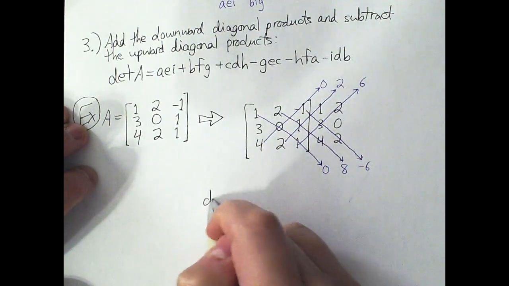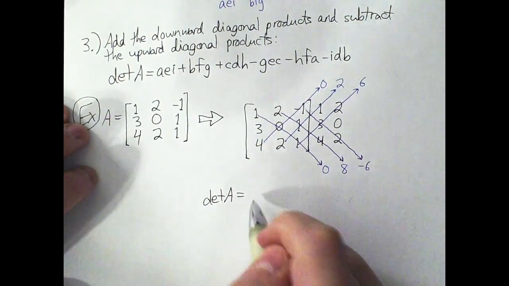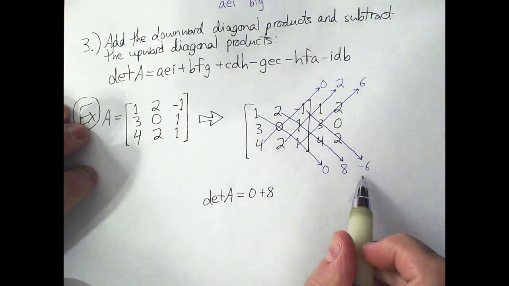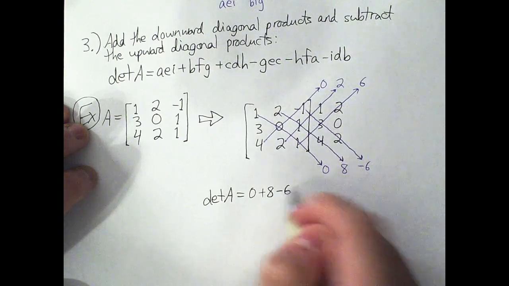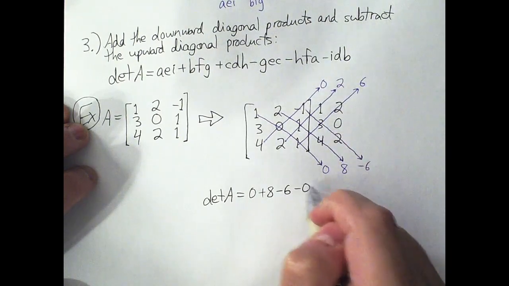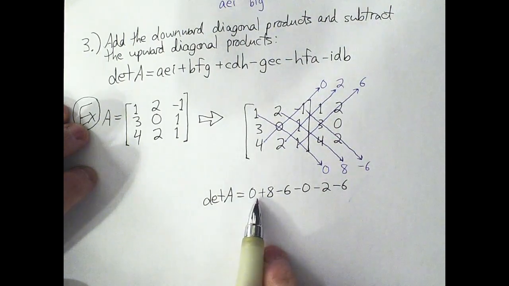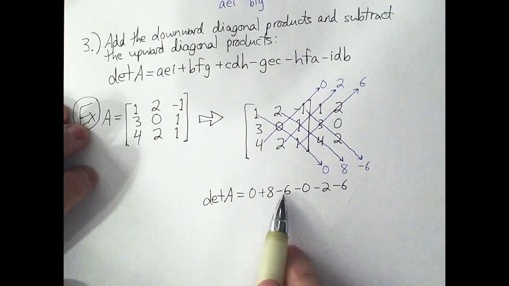And by using this method, the determinant is supposed to be, you take the downward ones and you add them. 0 plus 8. Well, one of them has a negative in front of it, so I mean, we're adding negative 6. All right, now subtract the other ones. Minus 0, minus 2, minus 6. What does this get us? Zeros. 8 minus 2 is 6, minus 6, minus 6.